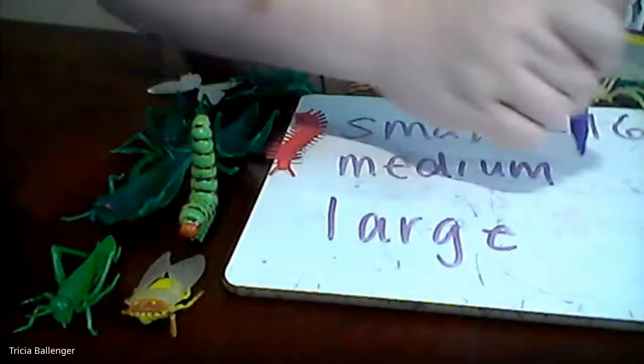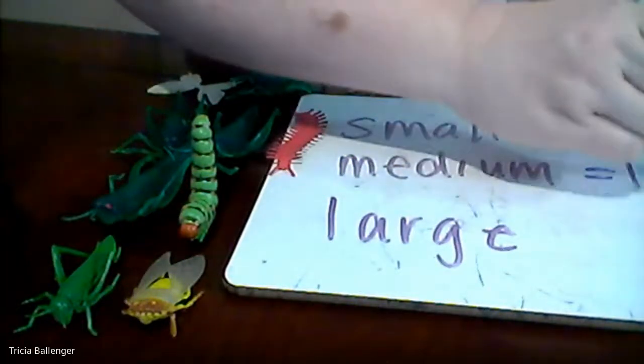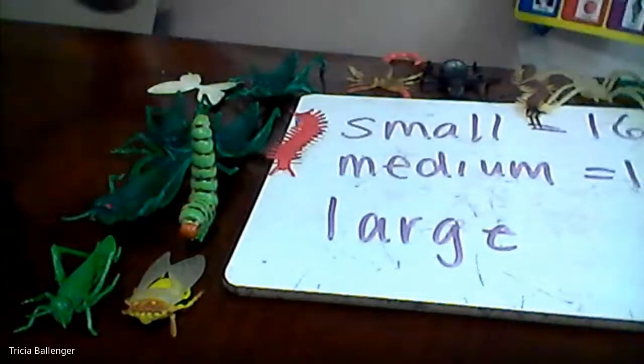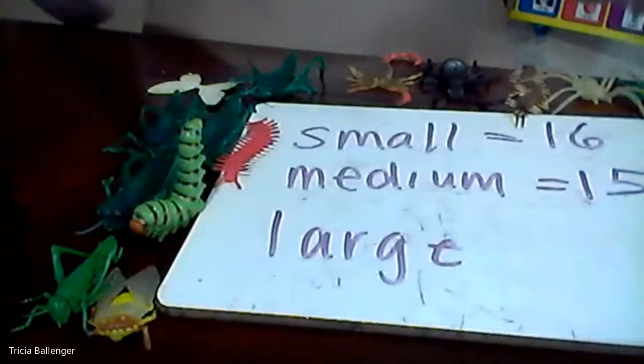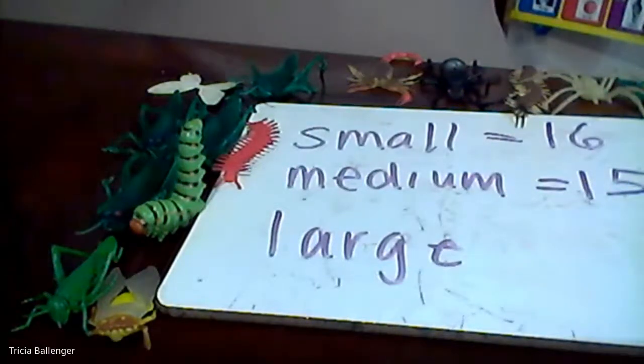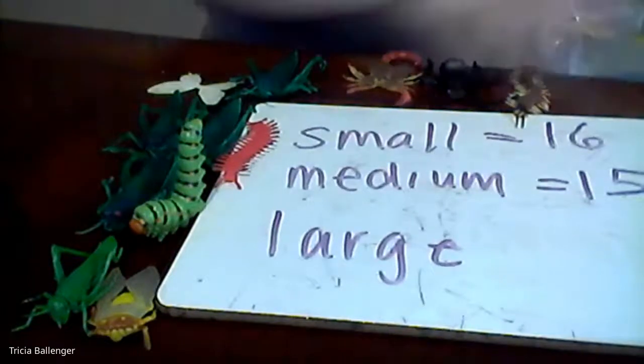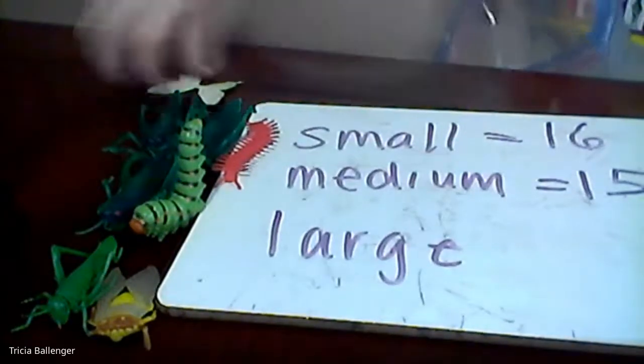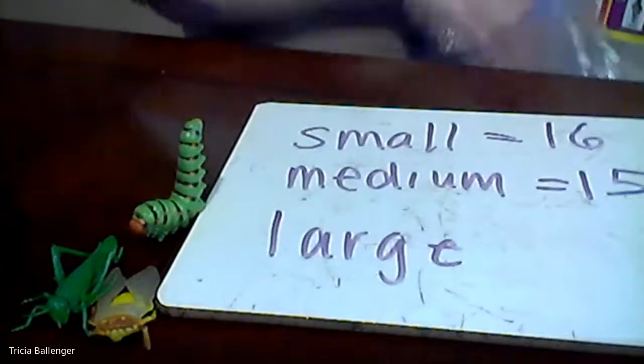So medium equals 15. Already we can compare that we have more small than medium toys, right? Once you have two numbers, you can start comparing.